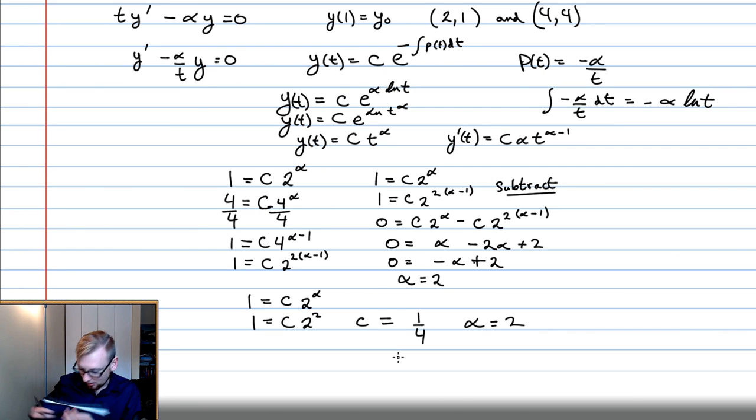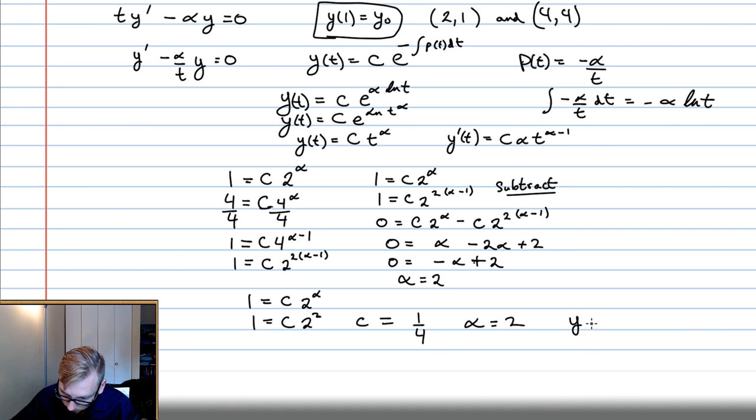And C would be our y value, or y0. So if we go back to right here, y of 1 equals y0, then we can say, well, we've got our C value and our alpha value.